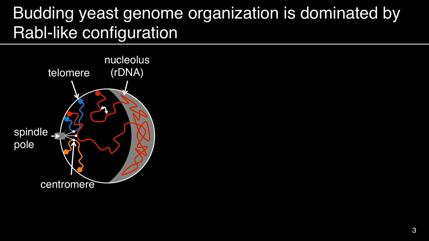More recently, we've used the method called Hi-C, a high-throughput version of the 3C assay developed by Dekker, which uses high-throughput sequencing to measure the interaction frequencies between all pairs of loci in the genome.